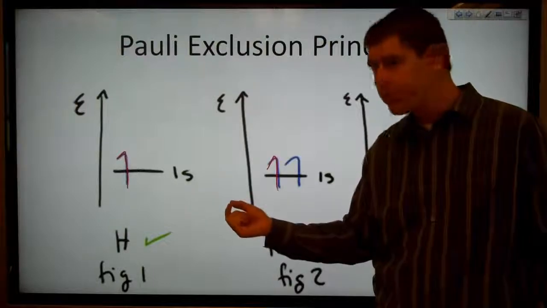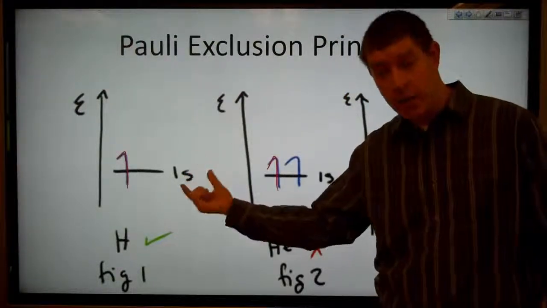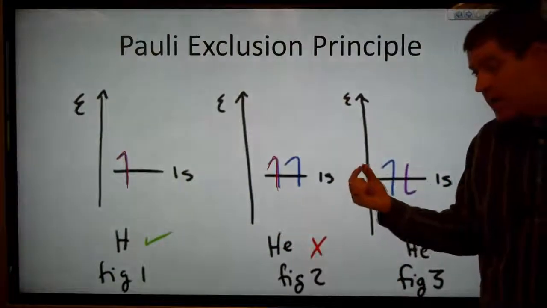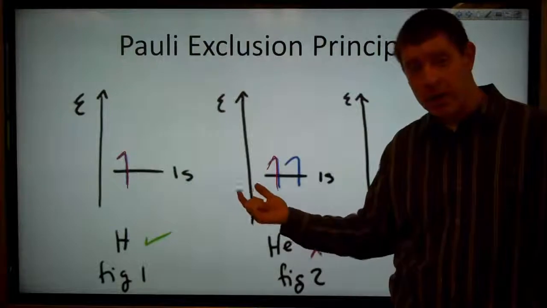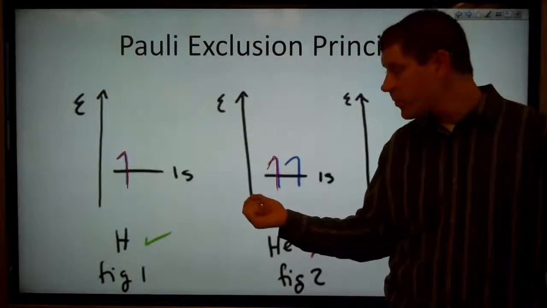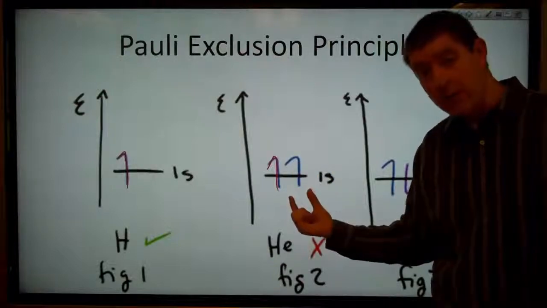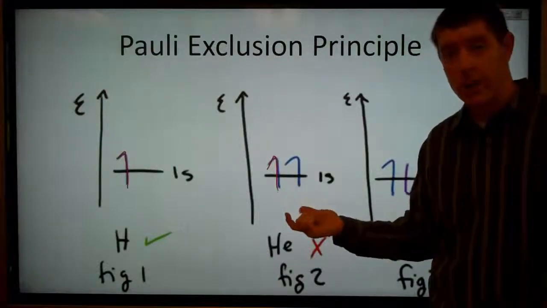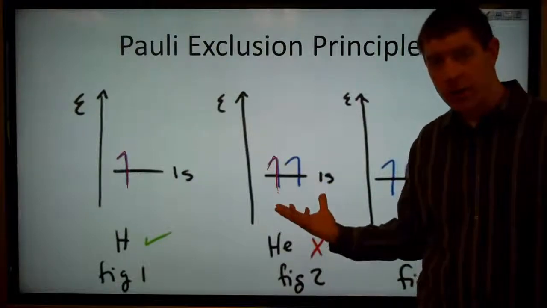L is the same because s has an L of 0. And there is only one 1s orbital, which means the m sub l has to be the same, 0. And if we put that other electron in spin up, then that means that m sub s is the same. Well, that means that all 4 values of the quantum number are the same. That violates the Pauli exclusion principle.